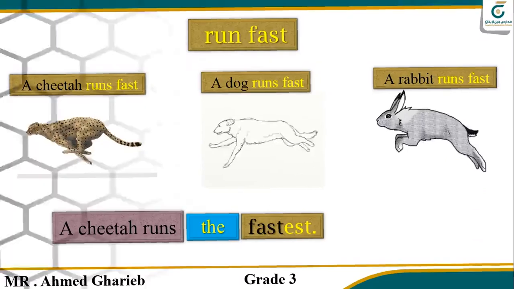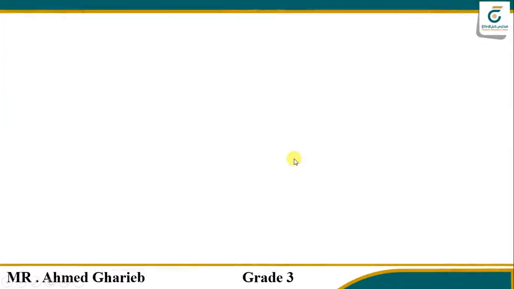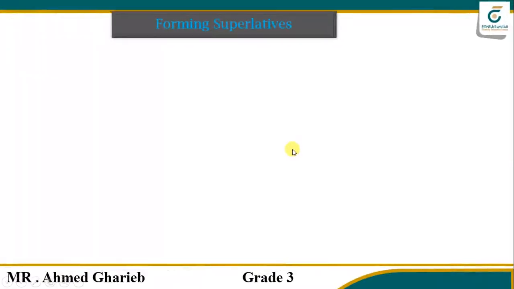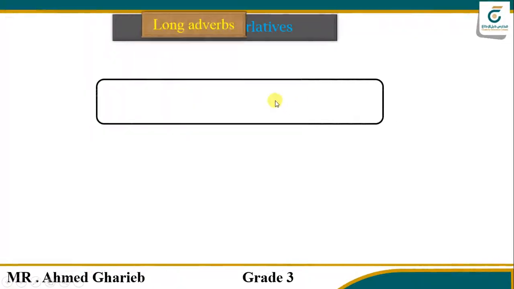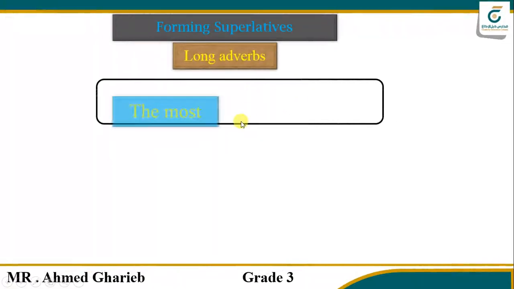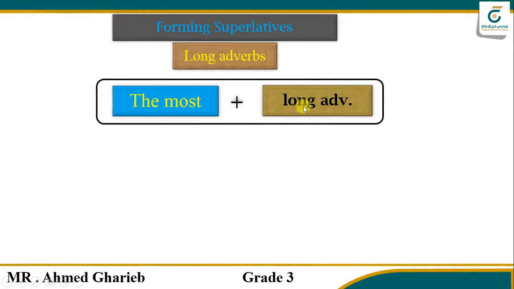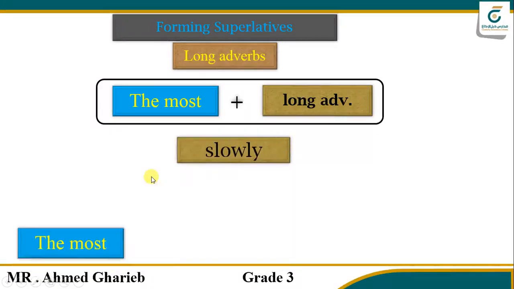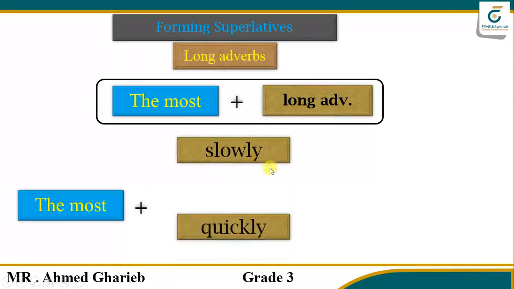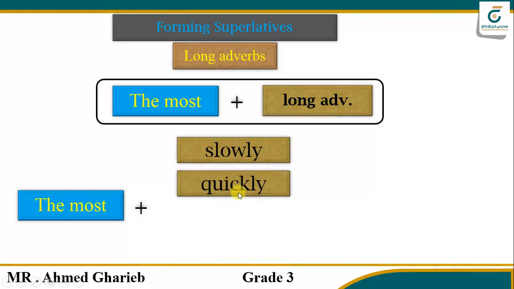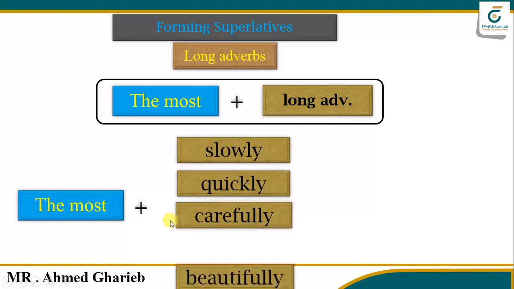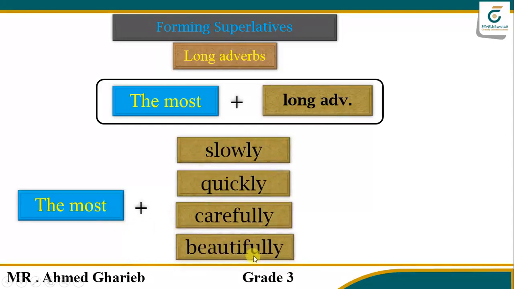Right, what about the long adverb? How to form a superlative adverb from a long one? So we add the most before long adverb. So we can say the most slowly, the most quickly, the most carefully, the most beautifully.